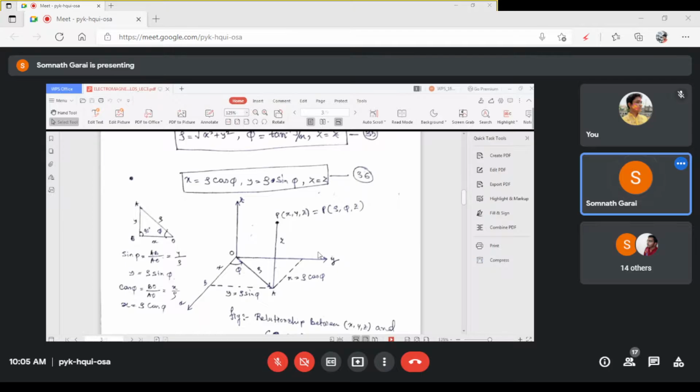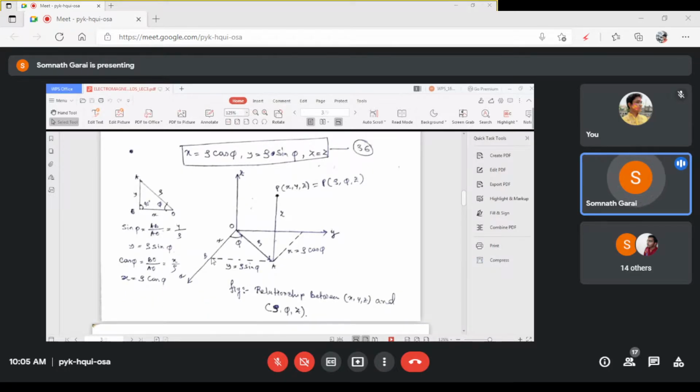Now, consider this triangle OBA. This angle B is 90 degrees and this is the phi angle.